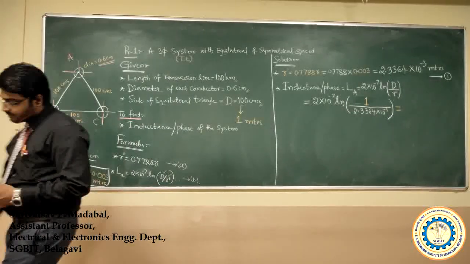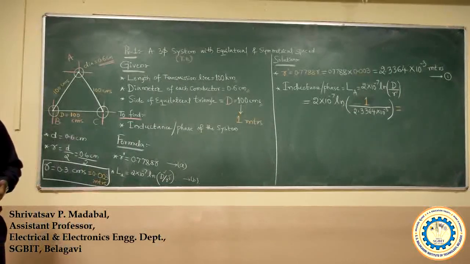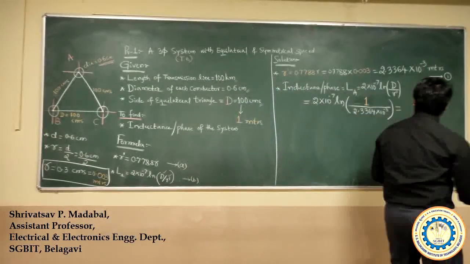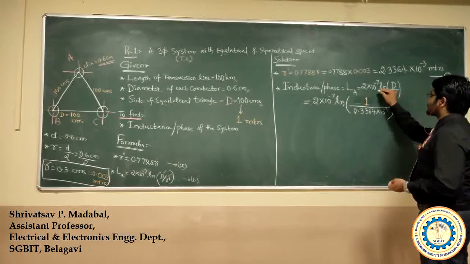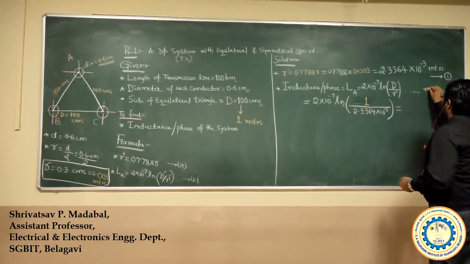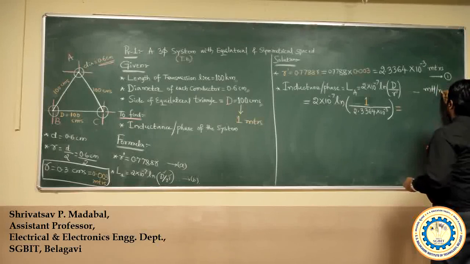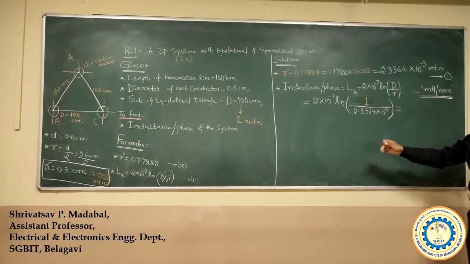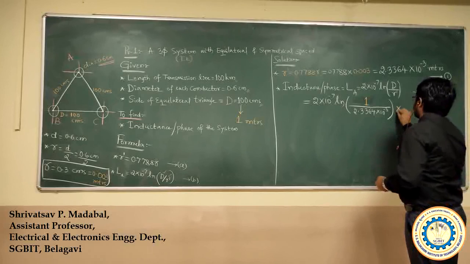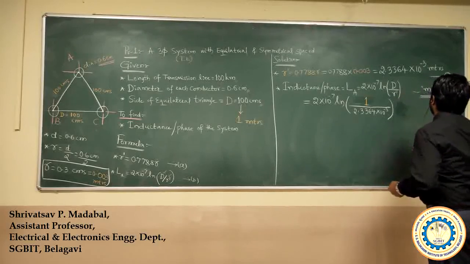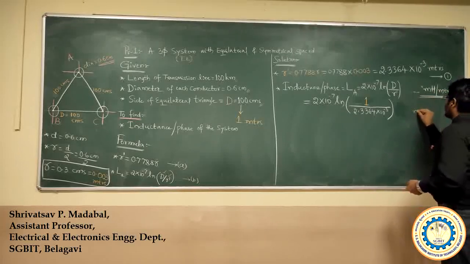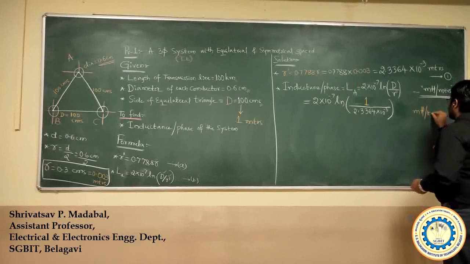The inductance value after solving, what will be the value? But a slight adjustment I have to make in this one, because it will be in terms of millihenry per meter. As I want the entire thing calculated per kilometer, I am converting millihenry per meter into millihenry per kilometer.